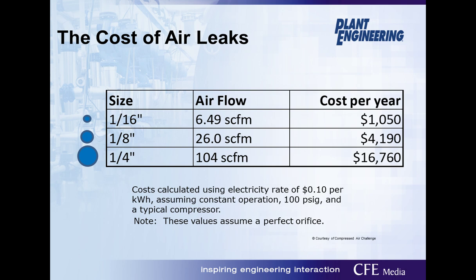Now, the good thing about compressed air leaks is, just like a compressed air system, they aren't very efficient either. On the bottom, this assumes a perfect orifice. When you see air leak charts, most of them assume a perfect orifice. But not everything is a perfect orifice. If you have a nice, clean piece of copper tubing, it's going to be about 98% efficient.